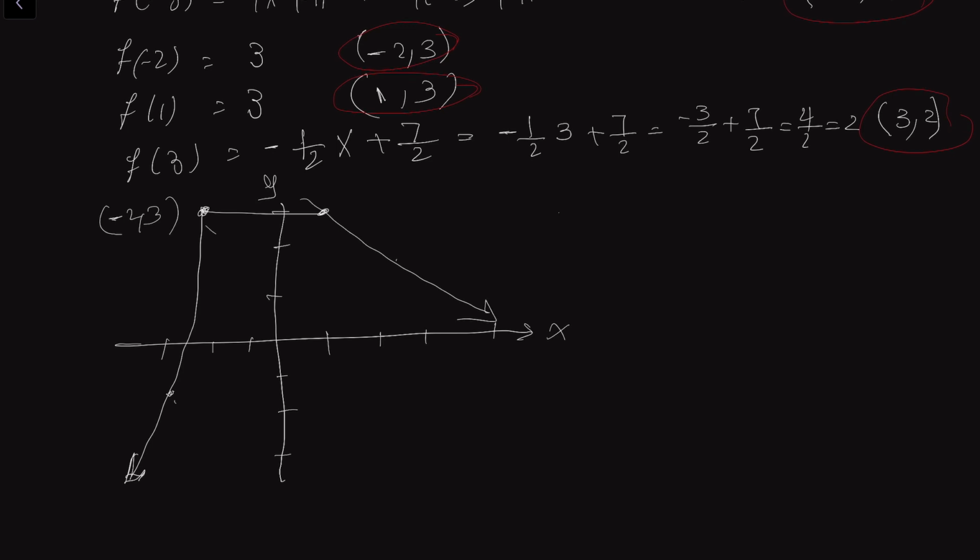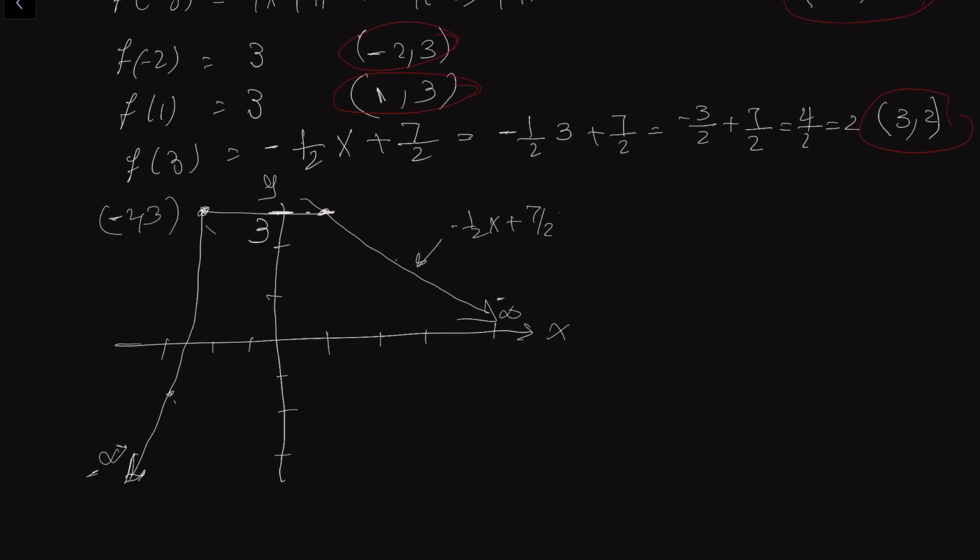Okay, so here it's basically going to infinity, and here it is going to -infinity, and the range is this 3 here, right? Let's write down. So the function is here, greater than -1. So this is basically the function -1/2 x plus 7/2.